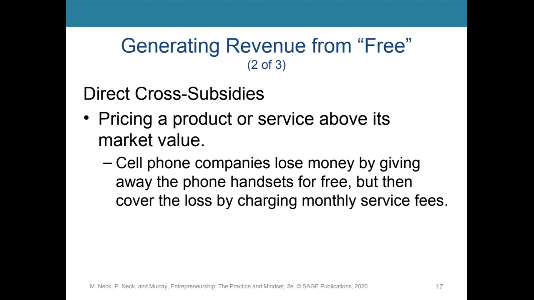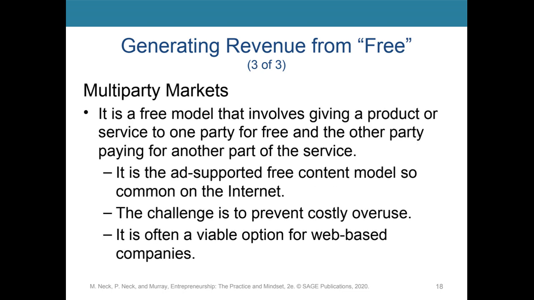The other way to generate revenue from free is so-called multi-party markets. In a multi-party market, and that's what I described earlier, you are giving certain people free access and the other parties pay. So it's almost like the Skype outing, but this is more complex. So for example, on Airbnb, I can look for any place to stay for free. So I'm using Airbnb for free.